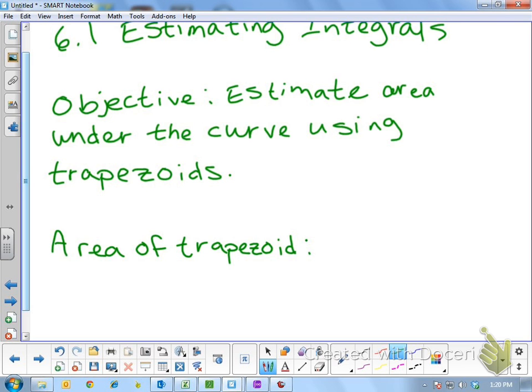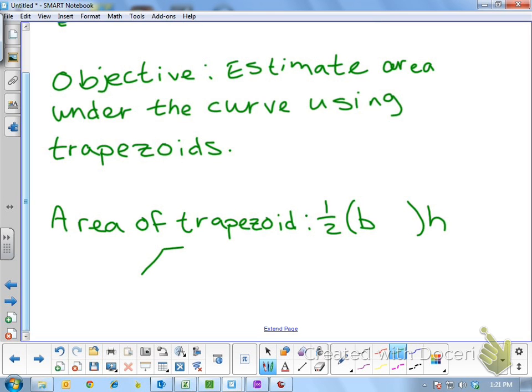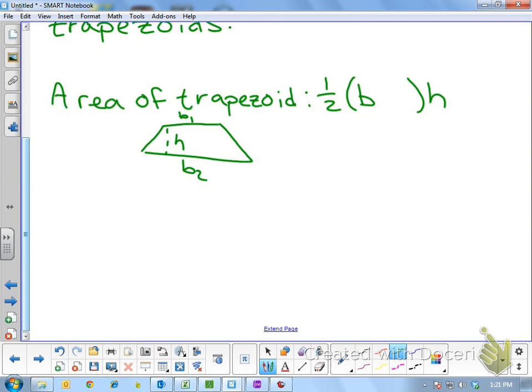It starts with 1/2. Base and height are somewhere, but we also have something a little different. When we have a trapezoid, we have a base at the top and a base at the bottom. It's 1/2 times B1 plus B2, times the height.